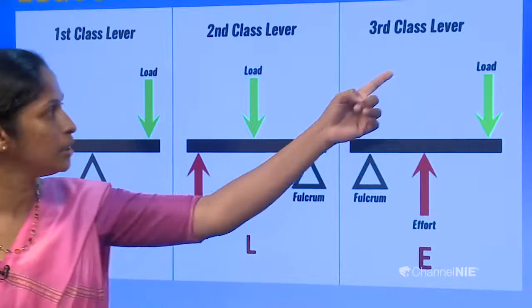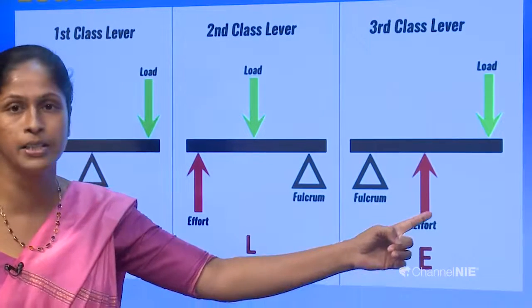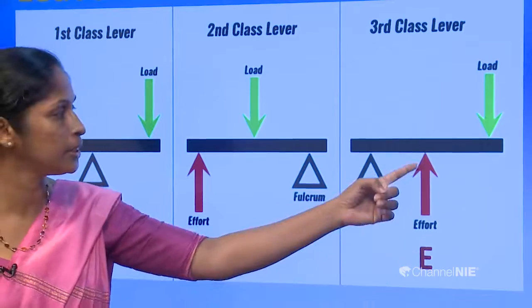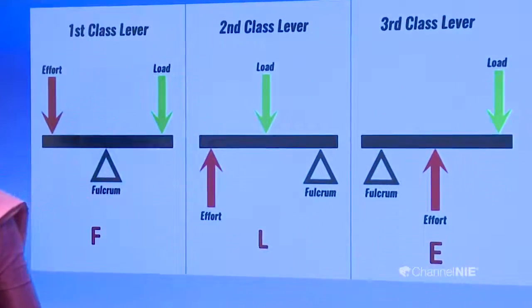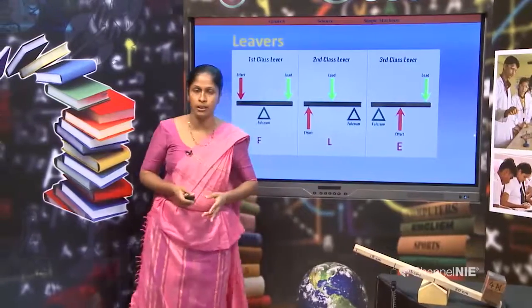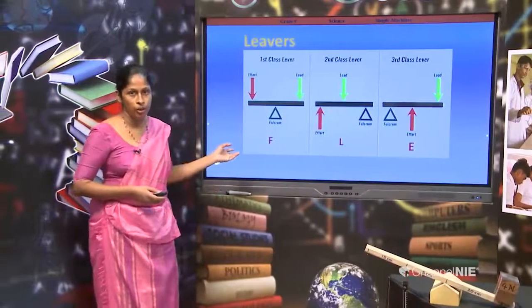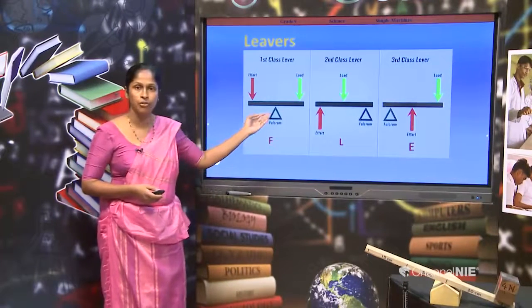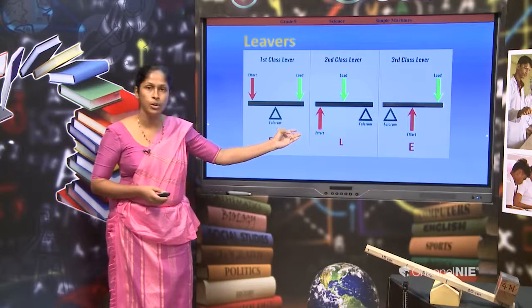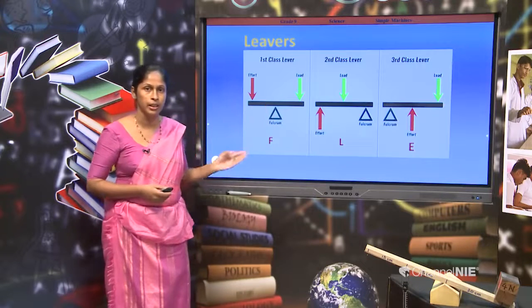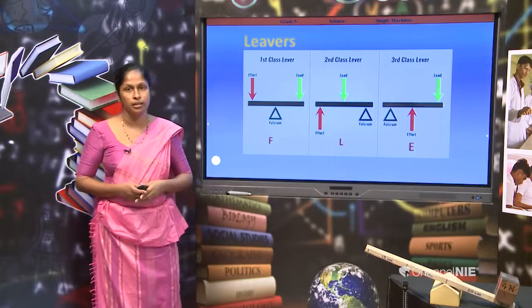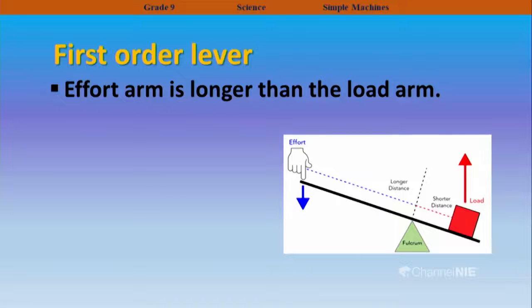In third class levers, E is in the middle, that means effort in the middle. So, you can remember the order of the position of fulcrum, load and effort in all the three types of levers.